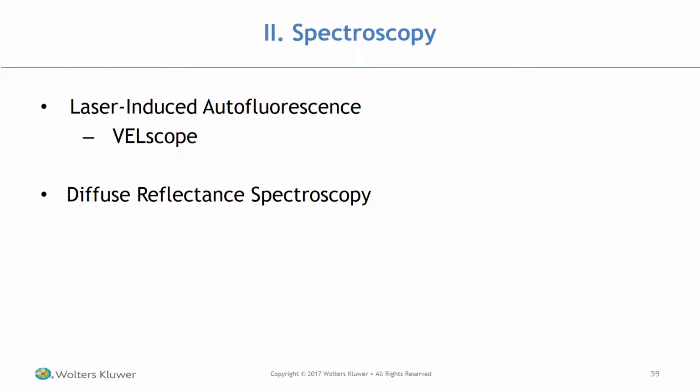Okay, spectroscopy. So this is laser-induced autofluorescence spectroscopy, such as Velscope, and please look that up. It uses wavelengths of light that cause the cells of an oral lesion to fluoresce.